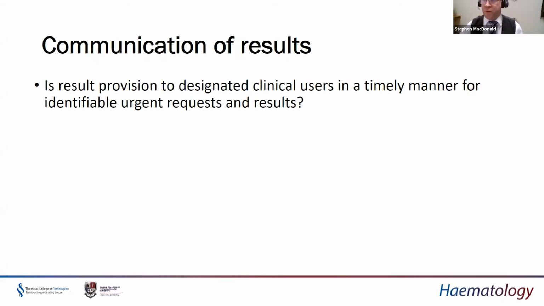I do a download of our laboratory information system every month. I find all of the results that reach those criteria, and I make sure they've been phoned. If they haven't been phoned, then whoever the member of staff who was responsible for that didn't phone it has the discussion as to this is why this is urgent, this needs to be done in the future. So it's a key performance indicator for our laboratory.